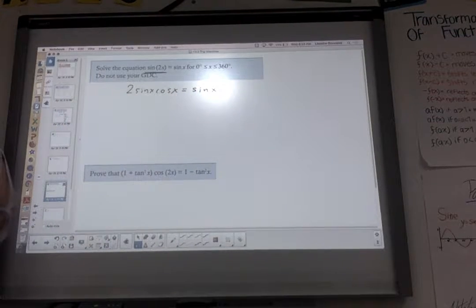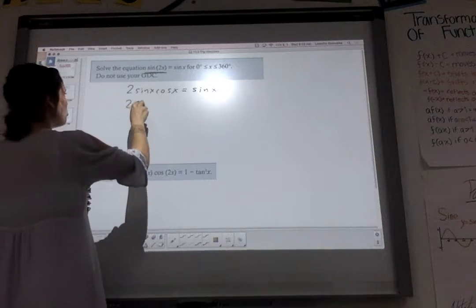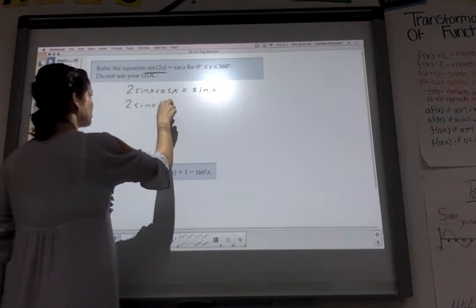What are you gonna do now? If you say divide both sides by sine x, no, you restart. Do not divide both sides by sine x at this point. What should you do? Move everything to one side, equal it to 0.